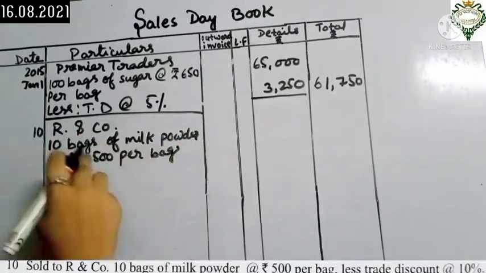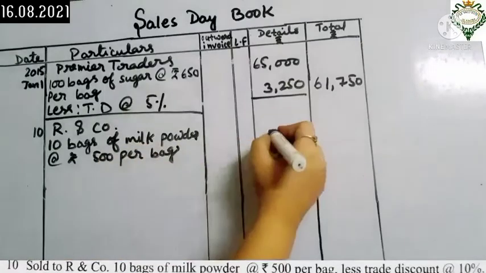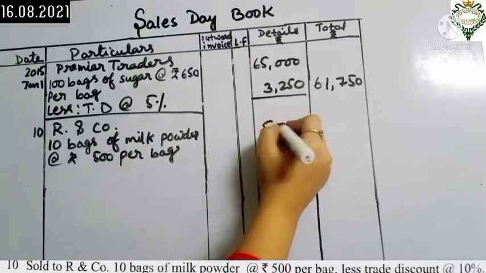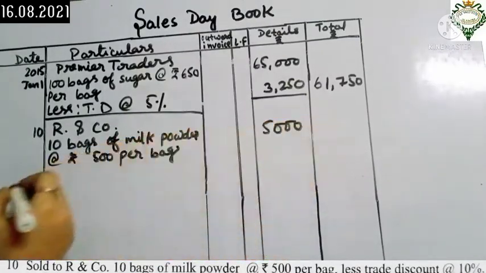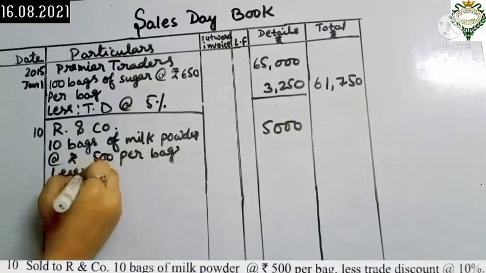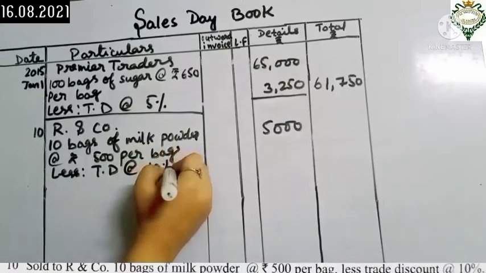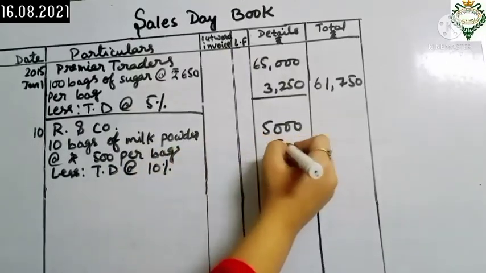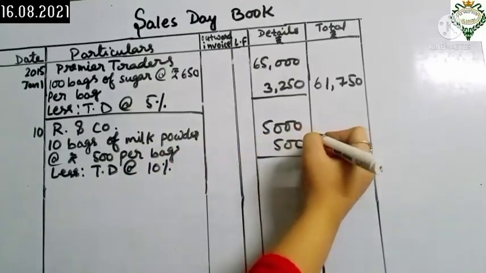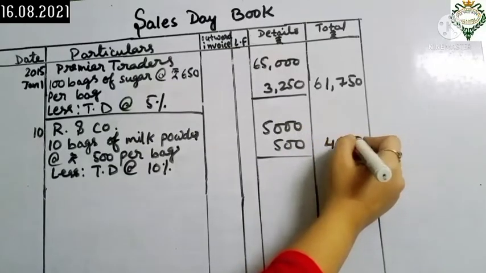If you multiply 10 into 500 you will get 5,000. There is also a trade discount of 10%. So 10% of 5,000 will be 500. If you deduct that amount you will get the total of 4,500.